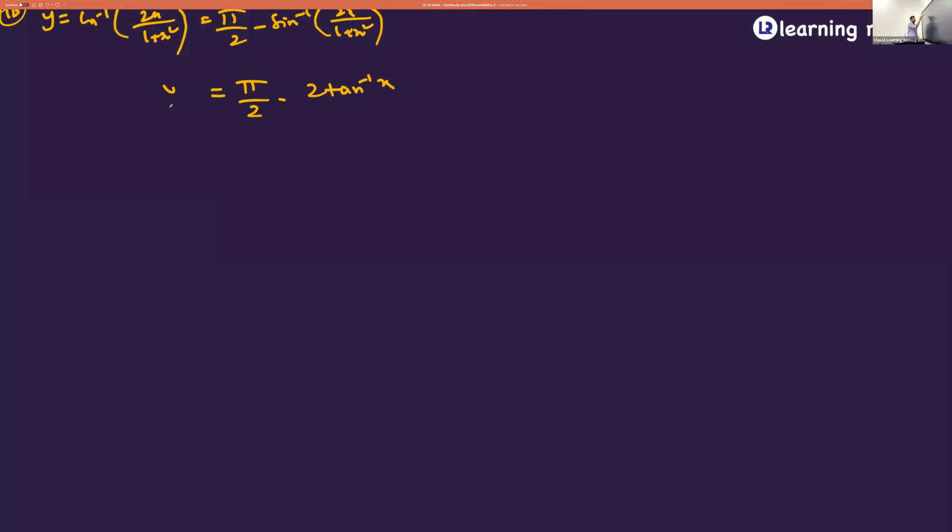So basically, you will get y is equal to this value. So what is the answer then? It is minus 2 divided by 1 plus x square. So this is what you will get.